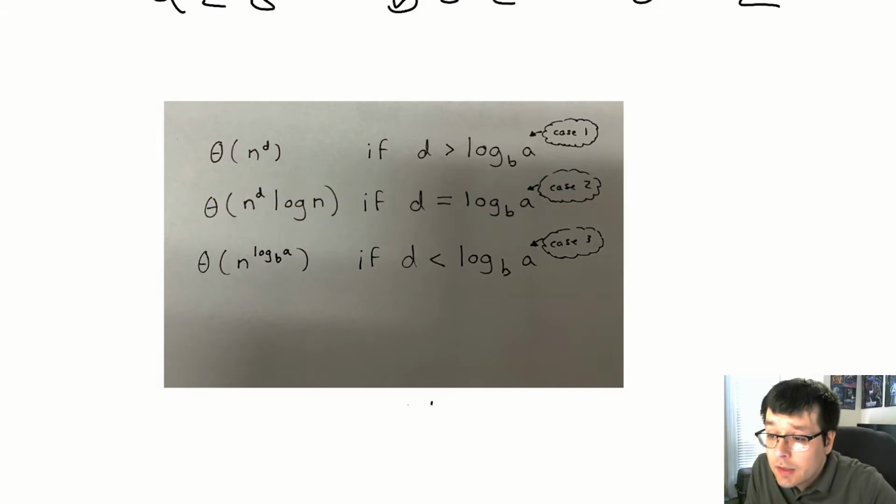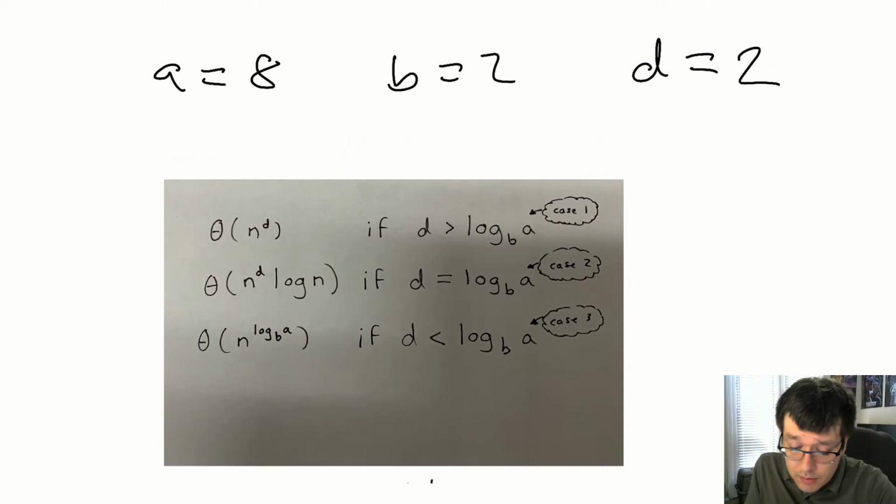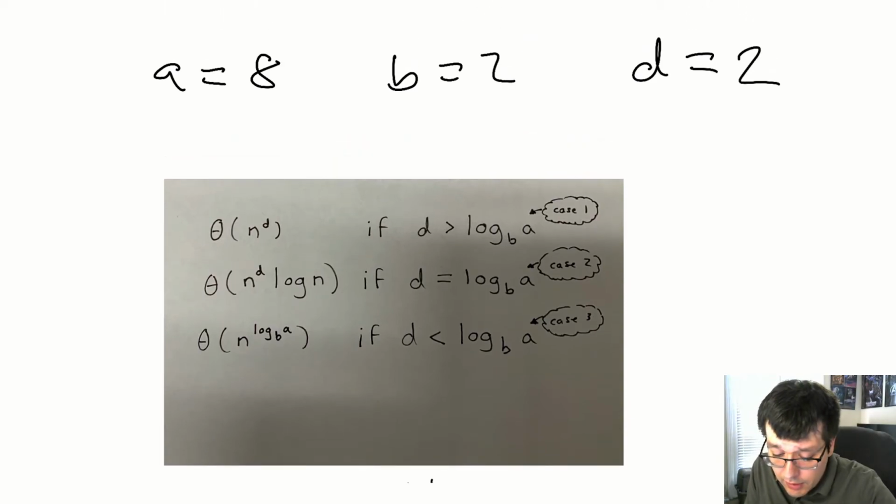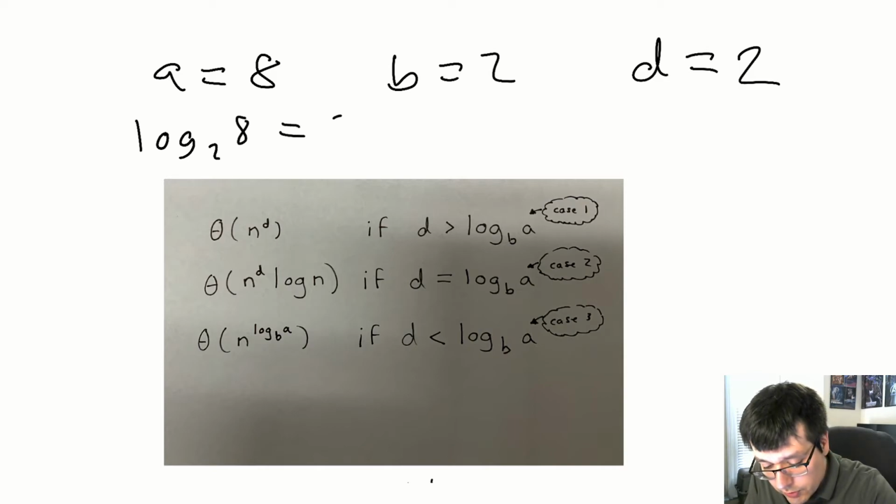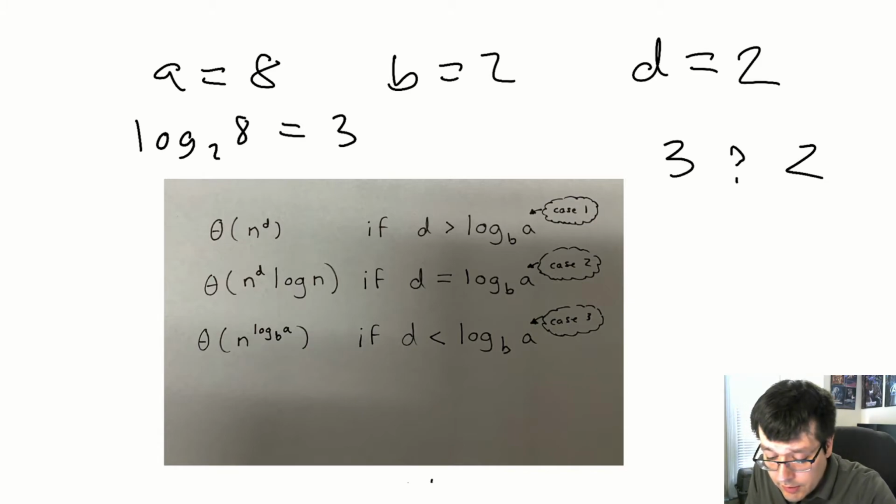Okay, so we got to plug in what the log base b of a is. That is log base 2 of 8, which is equal to 3. So what we essentially have is a 3 versus a 2. And in this case, 3 is greater than 2. So which case is that?